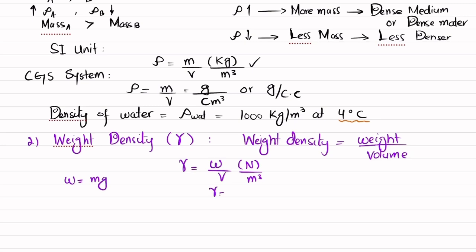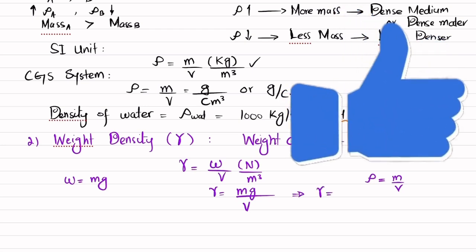So if we put weight equal to mg in this equation, it will be mg over volume. And from our previous knowledge about density, we know that density is equal to mass per unit volume. So if you replace this mass per unit volume with density, we get that this weight density gamma is equal to rho into g.